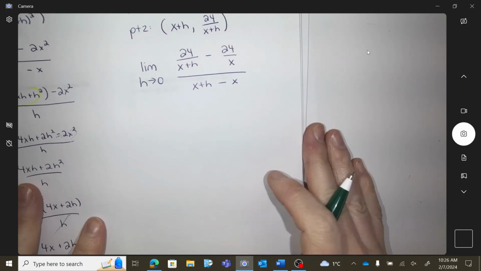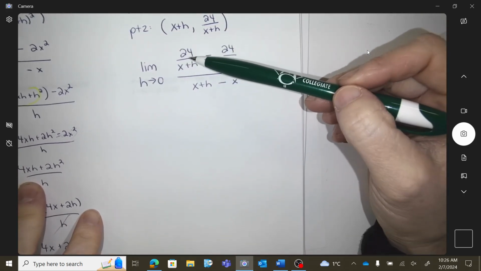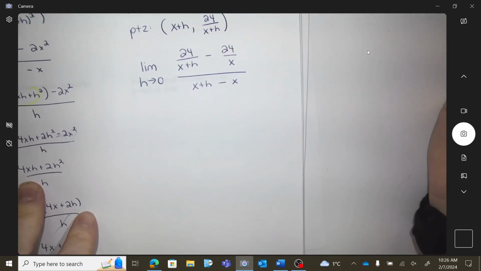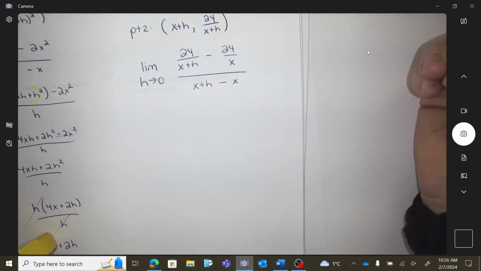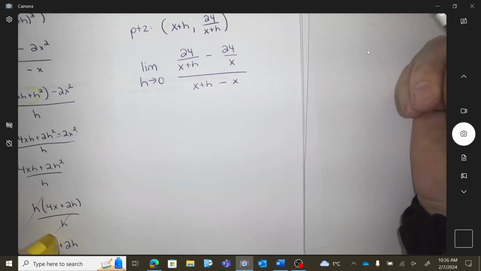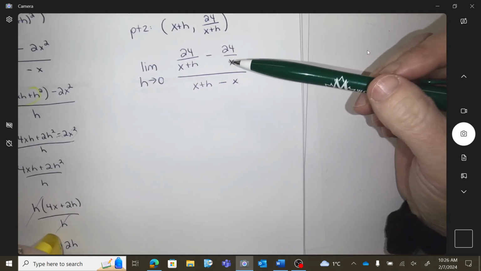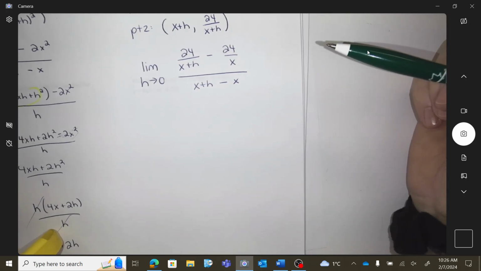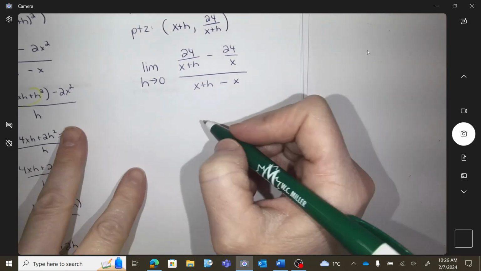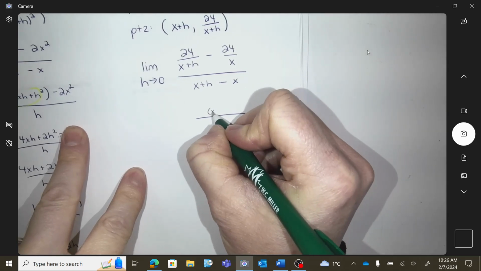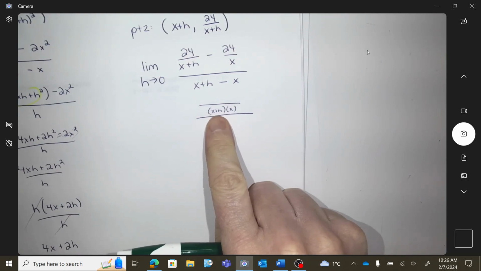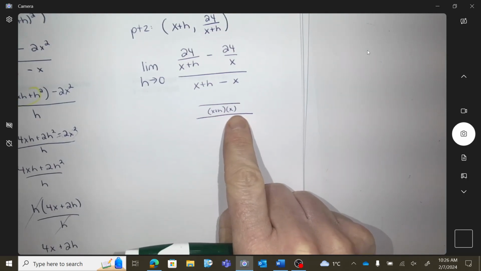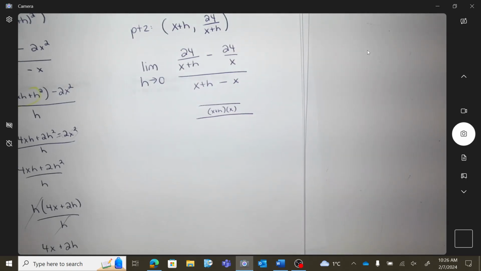Okay, so what kind of algebra would we do if we are dealing with fractions like that? What would be the algebra behind fractions? What should you do if you're subtracting two fractions together? What do you need? Common denominator. So I'm going to need an x plus h and an x in a denominator together so that we can combine them, right?